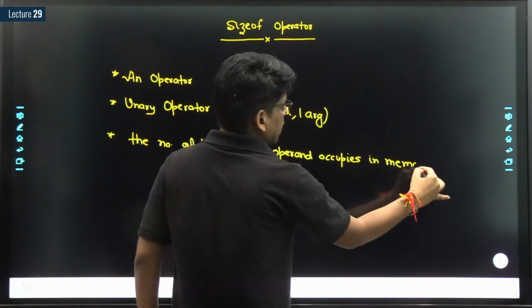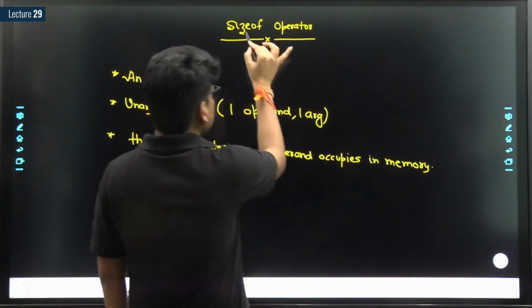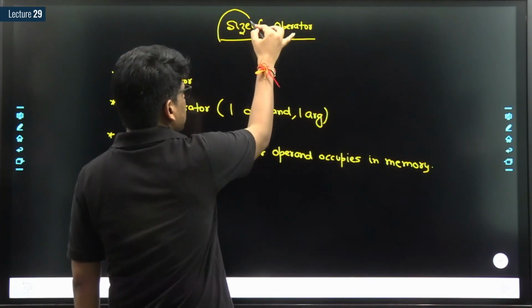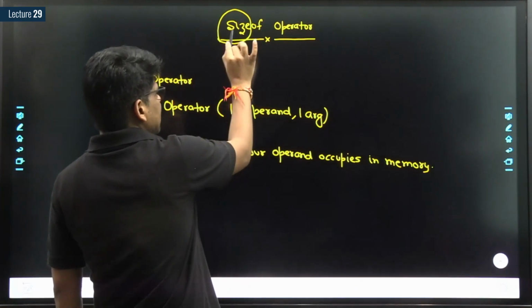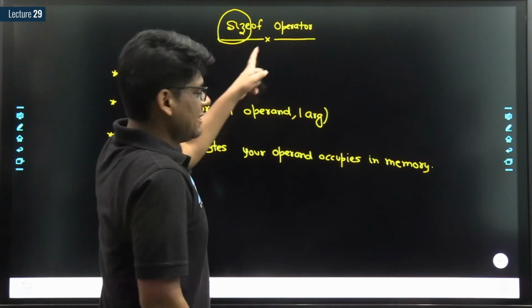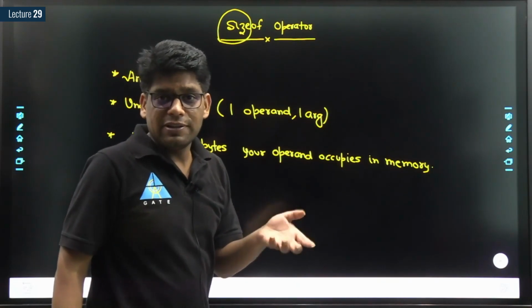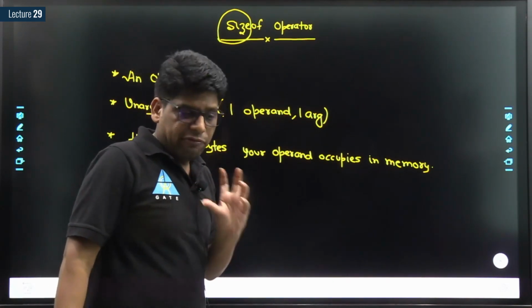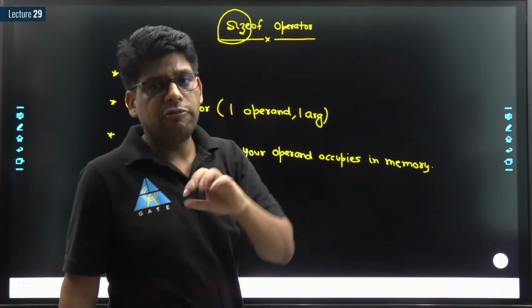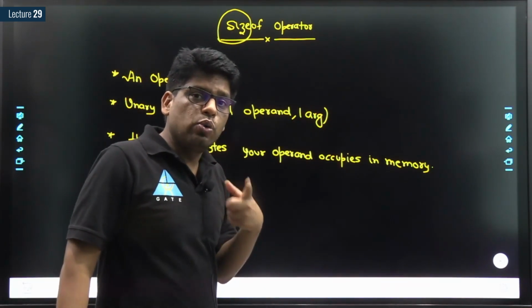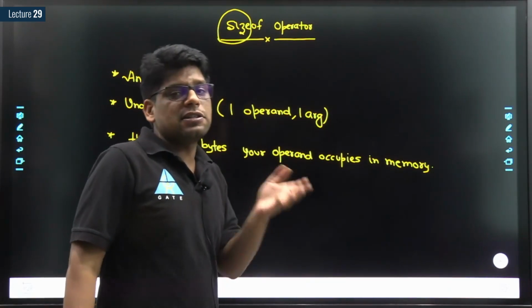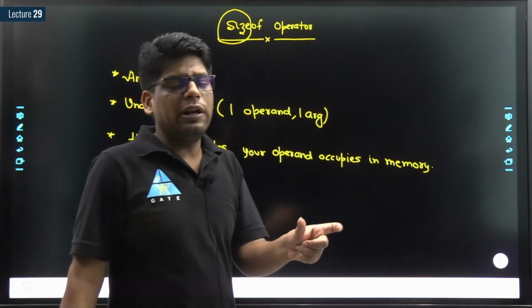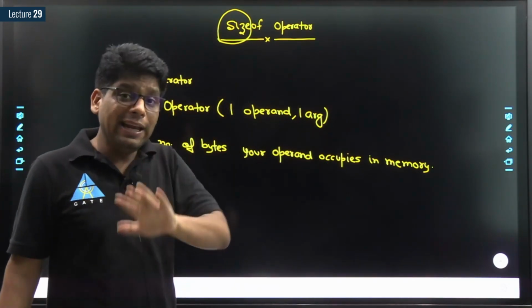That means, as the name signifies, it says what is the size of the input you are giving to me. If you are giving some input to sizeof, it returns the size of that particular input in bytes.